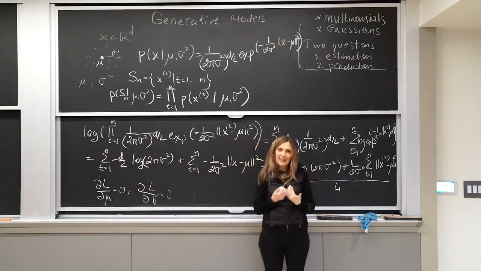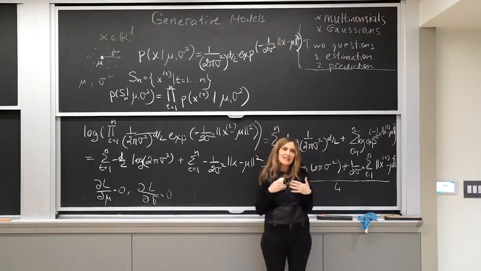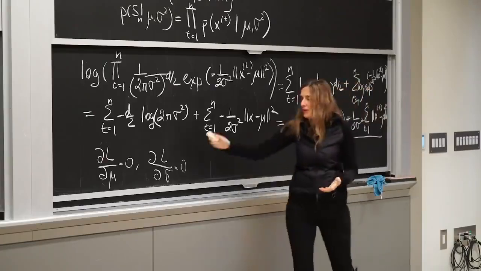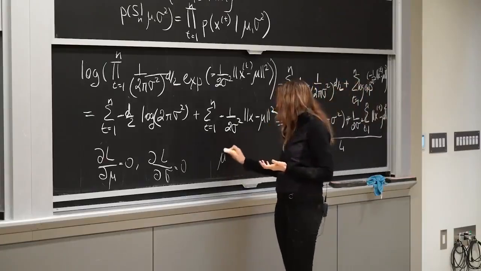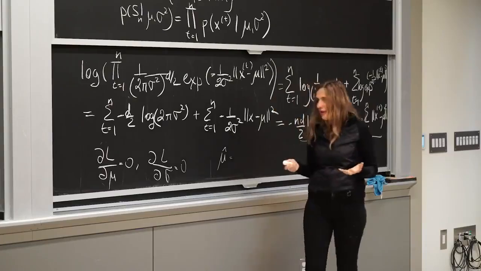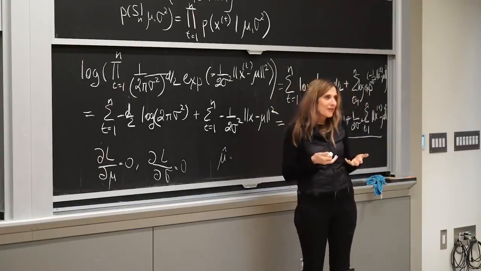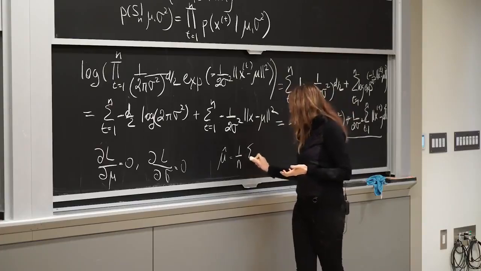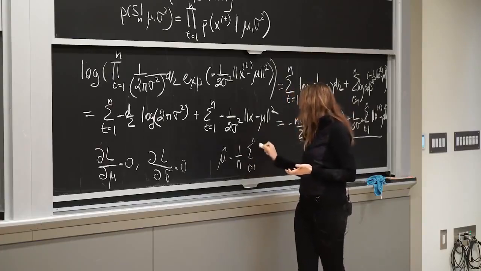And what you will get here would be, again, something extremely intuitive. We will find out that the mu we get here would be just the mean of all the observed points, 1 divided by n times the sum of all the points.